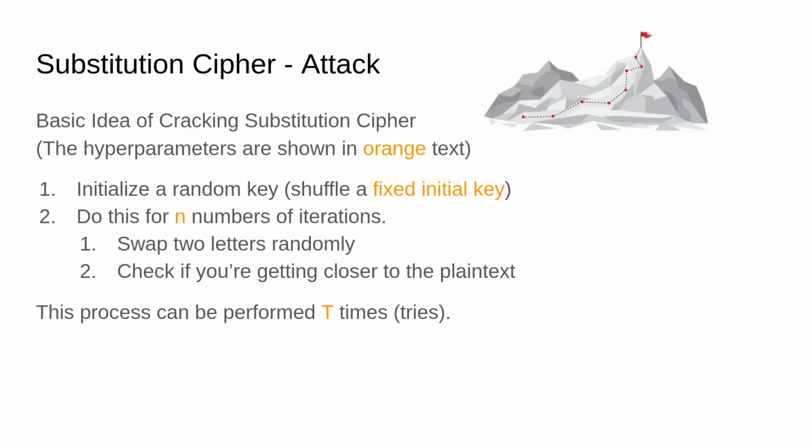There is also a possibility that it will get close to the text but not eventually reach it because you happen to swap the wrong letter. Or maybe you didn't fine-tune your hyperparameters correctly, and it will stop right before you reach the summit.